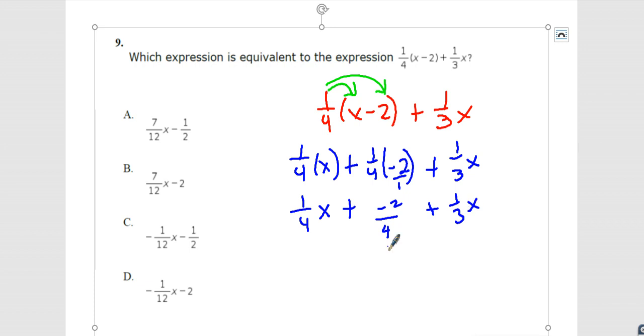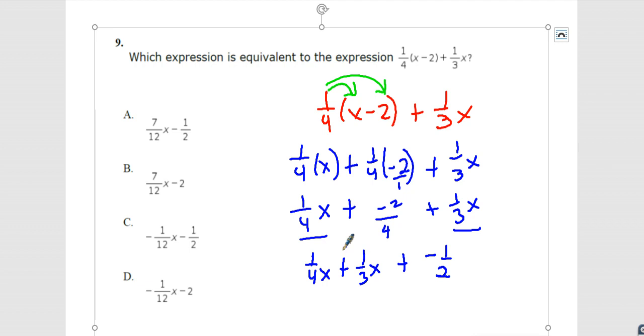So now, this is, like I said, really -1/2, but I have x's that have the same variable combination. So if I was to combine those, 1/4 x plus 1/3 x plus my -2/4 is going to become -1/2.